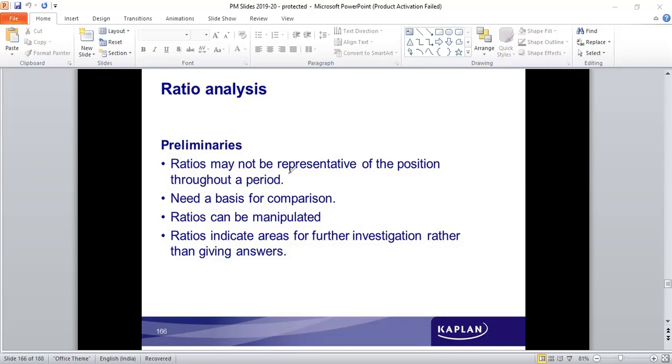Ratios may not be representative of the position throughout a period, so it may be changing. There are certain important points or assumptions we have to take into consideration. The first one is that it may not be representative of the position throughout the period. As the variables keep changing, the ratio value also keeps changing. Sales is not forever the same.